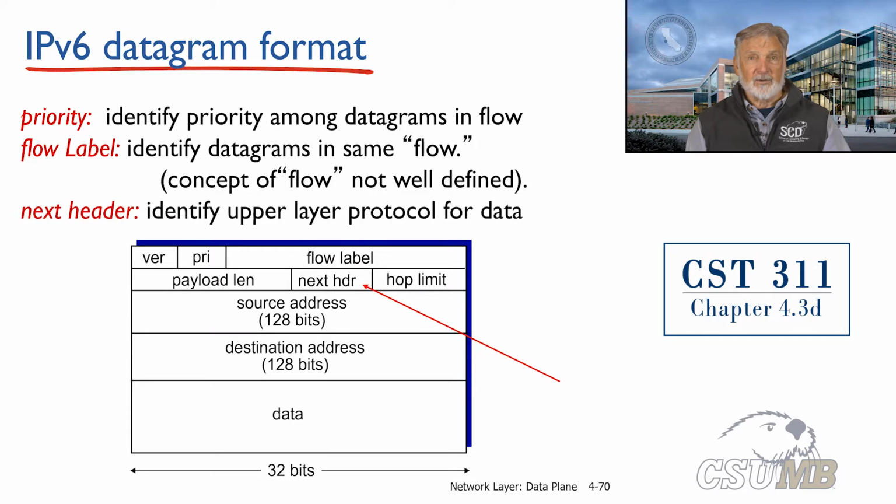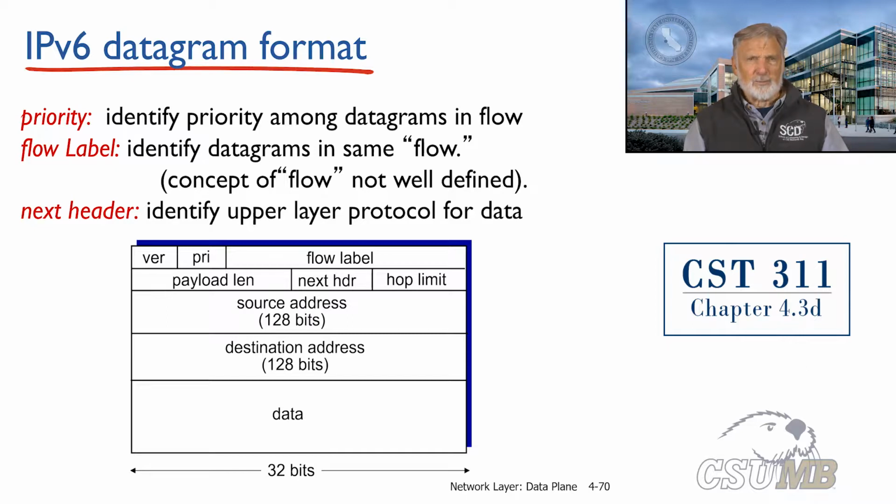The next header field is the same as the IPv4 header field. The hop limit field is the same as the TTL field in IPv4. It has been renamed to more correctly describe the way that this information is used, counting router hops instead of time to limit the lifetime of a packet.